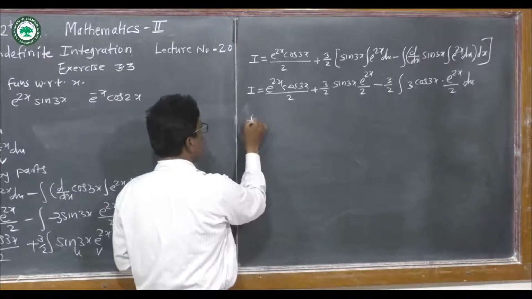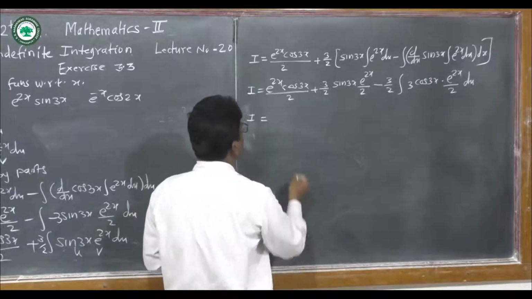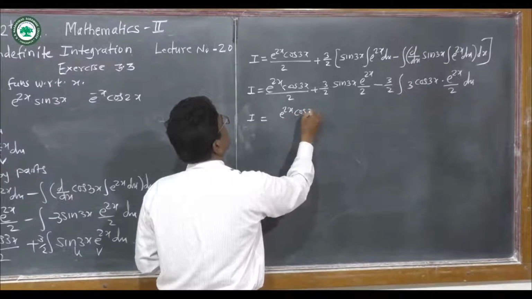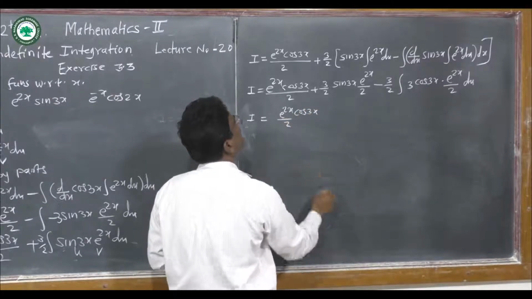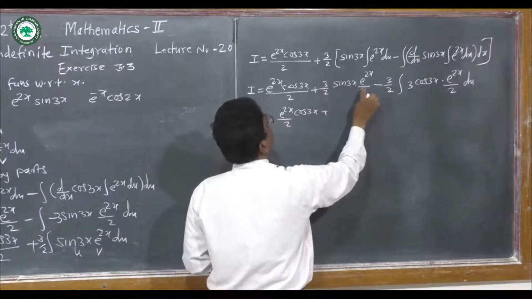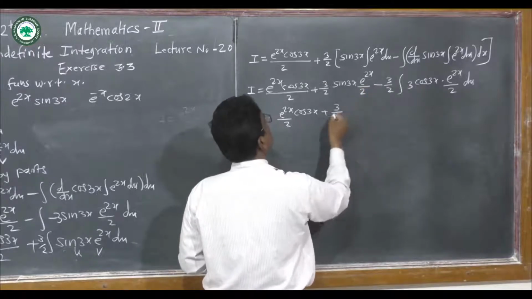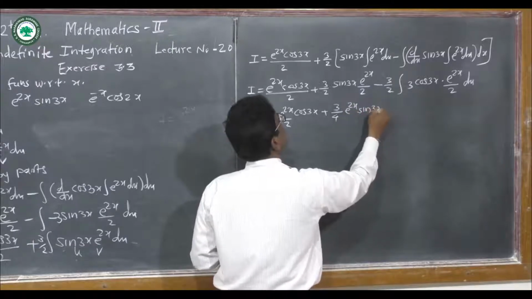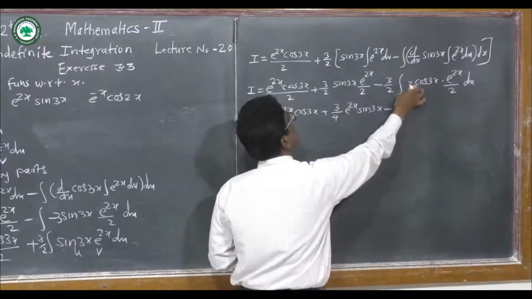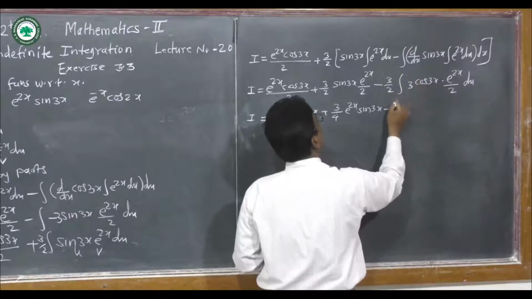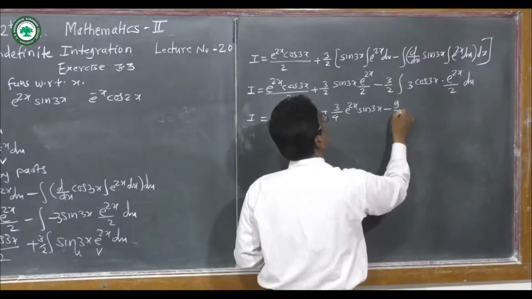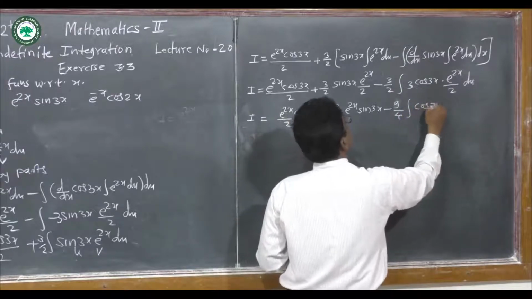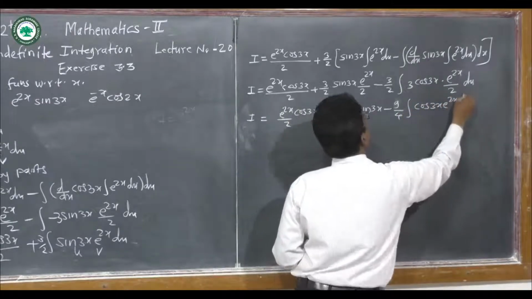So we get I is equal to e to the power 2x cos of 3x divided by 2, plus here 3 divided by 2 to the 4 e to the power 2x into sine of 3x, here minus 3 3s are 9, and 2 2s are 4, minus 9 by 4, and integration of cos of 3x e to the power 2x dx.